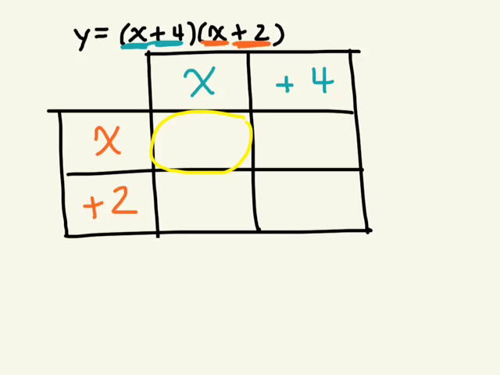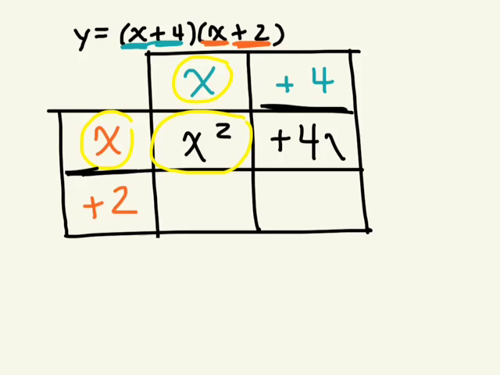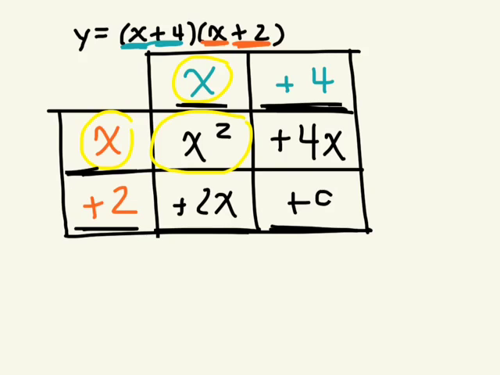So to fill this in would be x times x, which is x squared. Here would be positive 4 times x is positive 4x. What would be in this square? Positive 2x, good. And what would be in the last square? Positive 8, because we're multiplying 4 times 2.